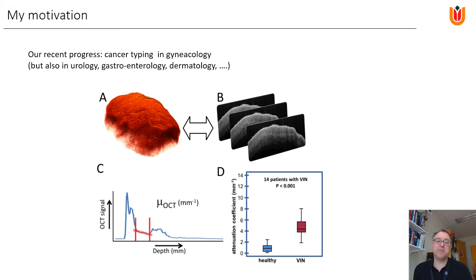And we can actually measure how fast the light attenuates in these different layers. And that is our metric. That is what we intend to use to differentiate between different tissue types.